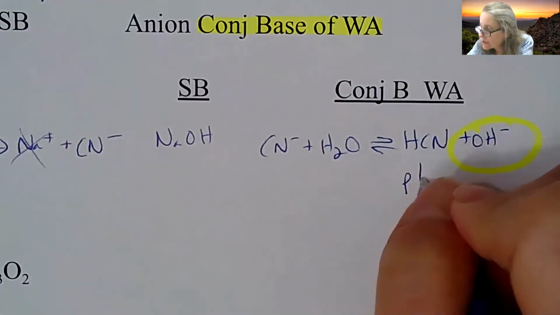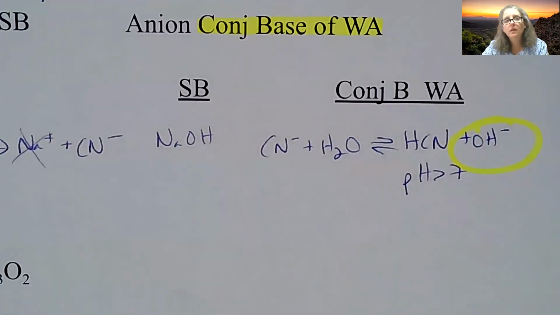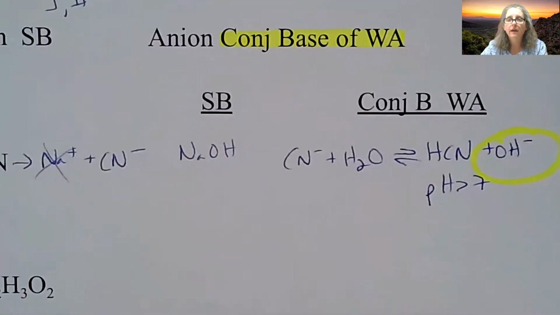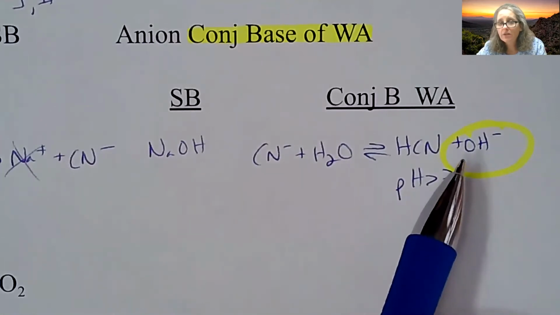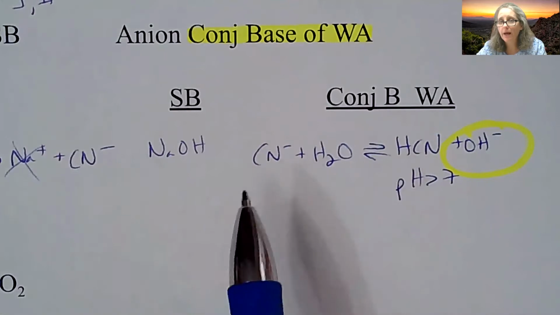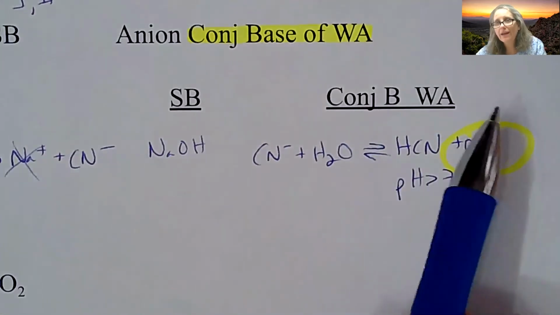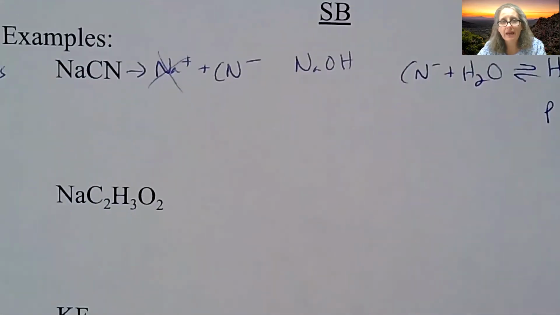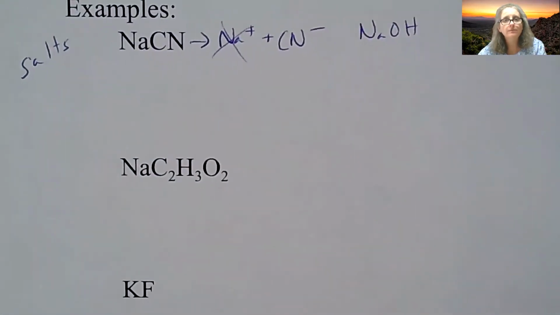So your pH is going to be somewhere above 7 if you dissolve NaCN in water. What gets confusing is that you are producing HCN. HCN will pop off that H, but this OH is going to dominate that system. That's why we say that this is a basic salt.